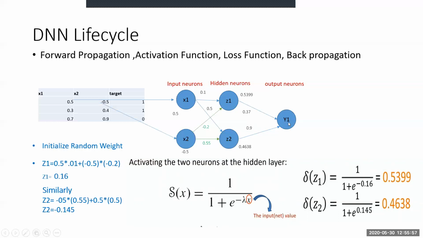So what is the functionality of any hidden neuron? First, it calculates the weighted average, that is 0.5399 plus 0.37 plus 0.9 into 0.4638, and then passes it to the activation function.